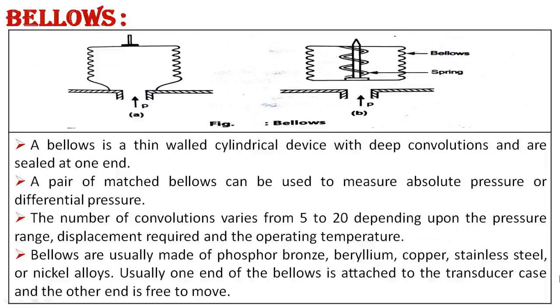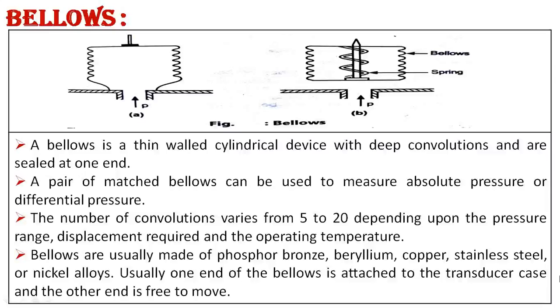The next elastic transducer is the bellows. A bellows is a thin walled cylindrical device with deep convolutions, sealed at one end. A pair of matched bellows can be used to measure absolute pressure or differential pressure. The number of convolutions varies from 5 to 20 depending upon the pressure range, displacement required and the operating temperature.